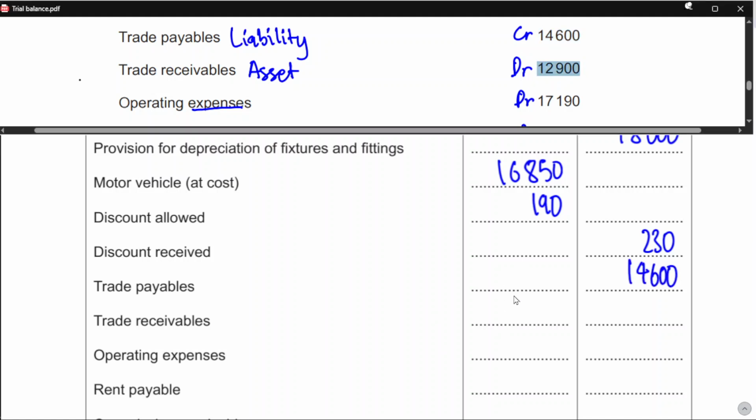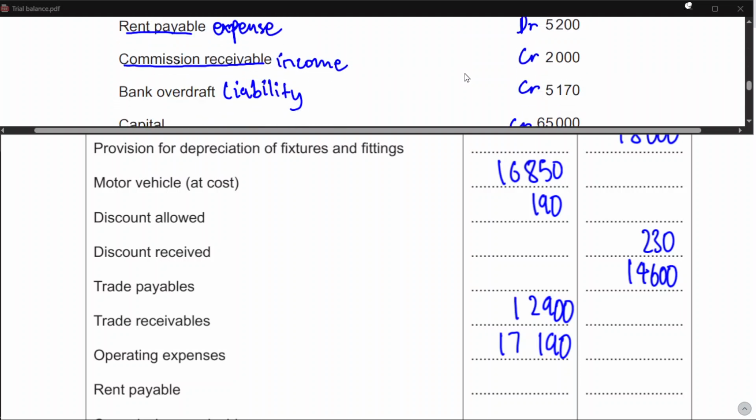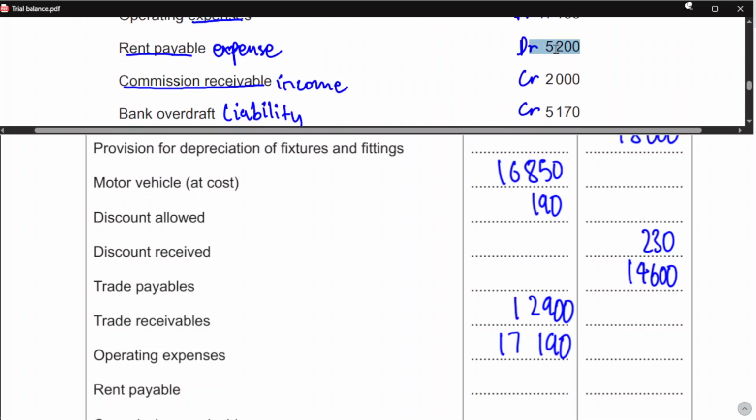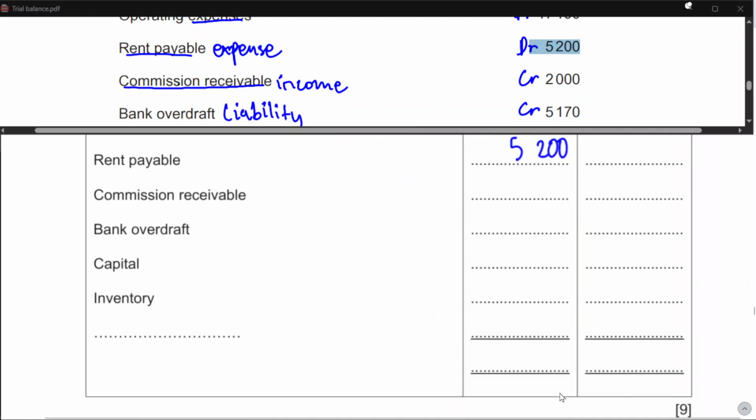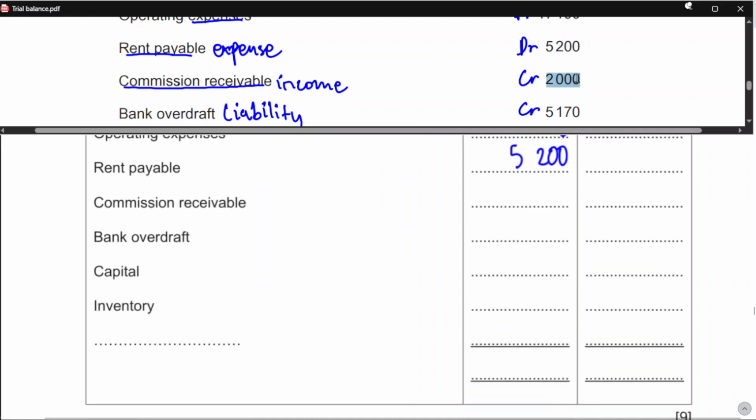One debit, left. One debit, left. The one debit, left. Credit, right.